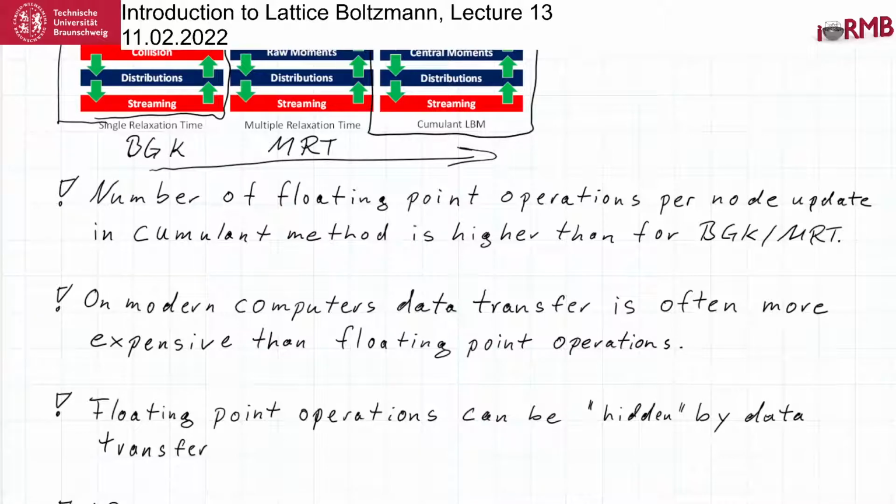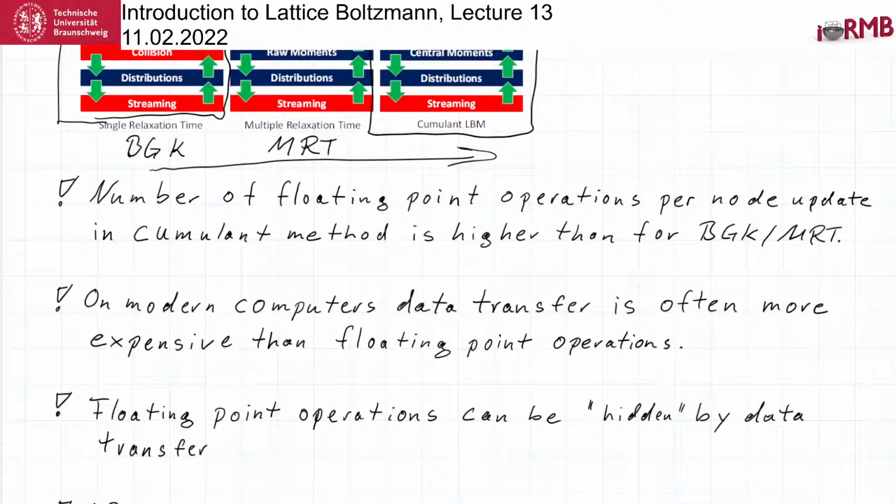And in the BGK method, the computations during the collision, the floating point operations, are more or less for free, because they are not enough to saturate the CPU, while there is a lot of information that has to be moved.